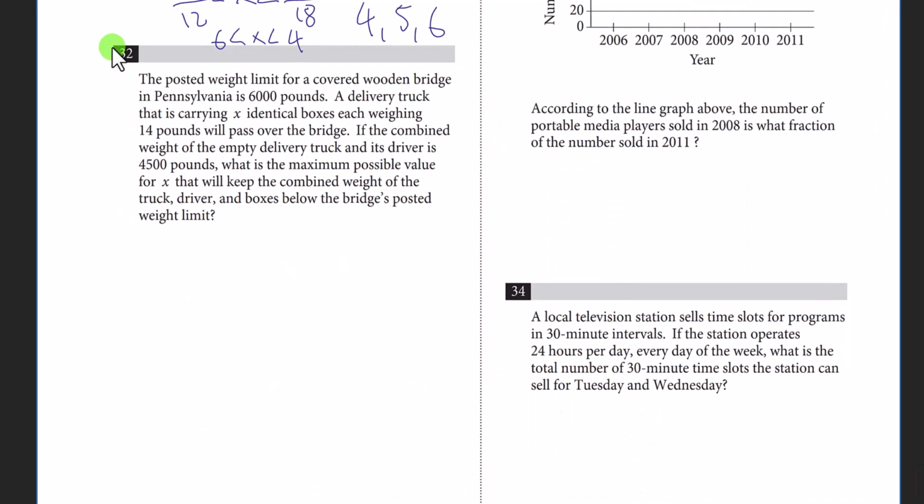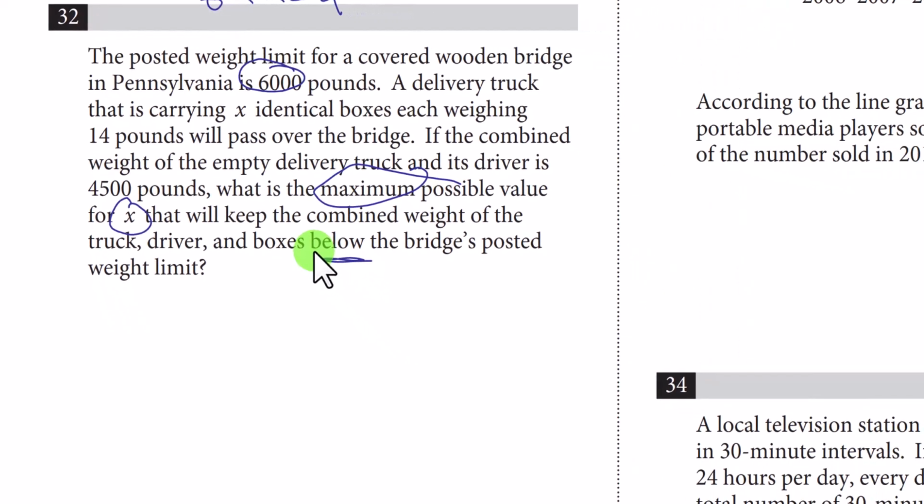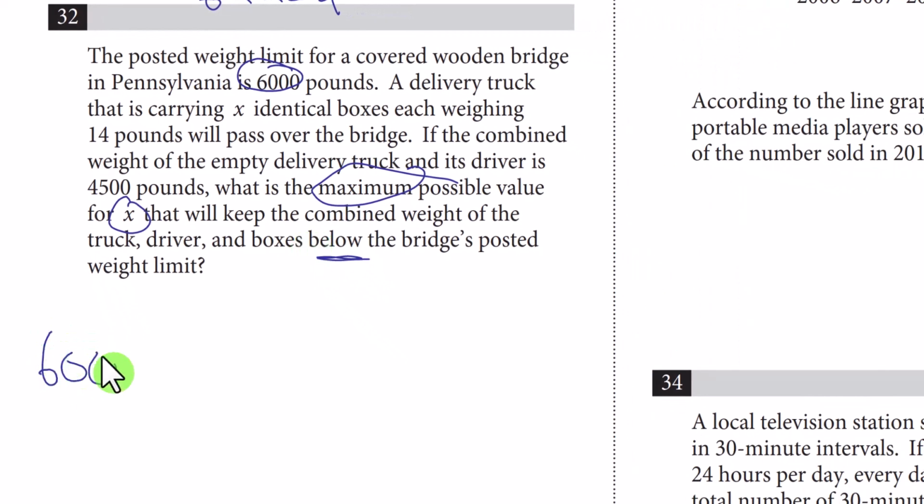You can fill in any of these answers and you'll get that right. Question number 32. So you've got a maximum limit of 6,000 pounds. What is the maximum value for x that'll keep the weight below? So we got 6,000 here.